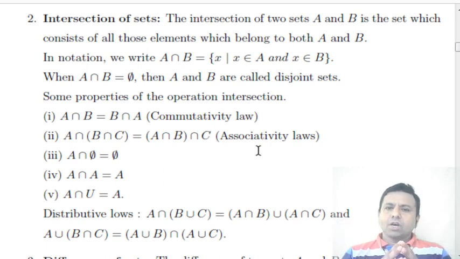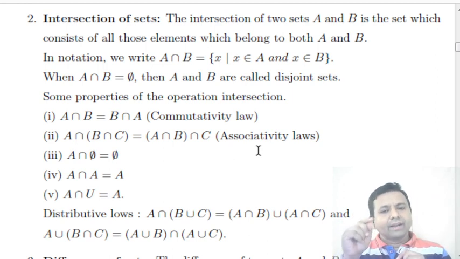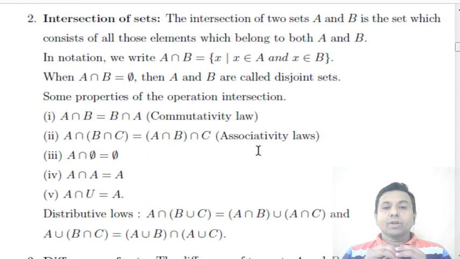Some properties of intersection. A intersection B equals B intersection A, known as the commutativity law. A intersection B intersection C equals first taking A intersection B, then intersection with C, known as the associativity law.